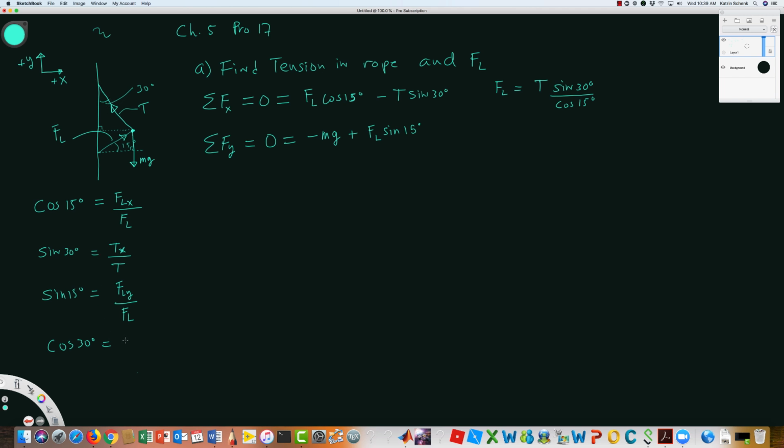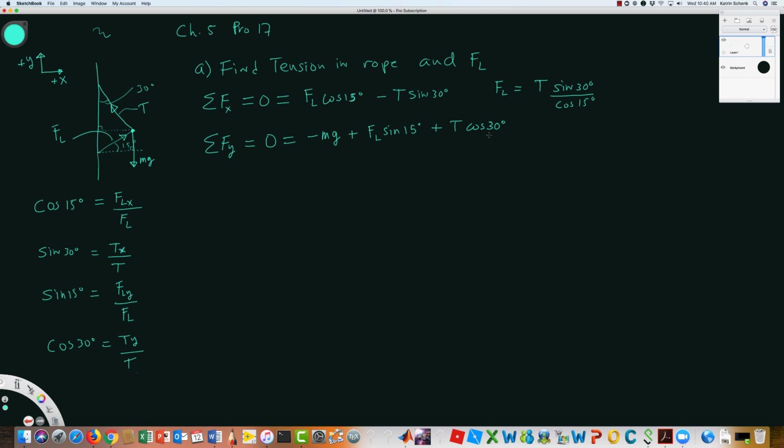So cosine of 30 is the adjacent, which is T sub y over T. So T sub y is T cosine, and it's in the positive direction. So plus T cosine of 30 degrees, right?